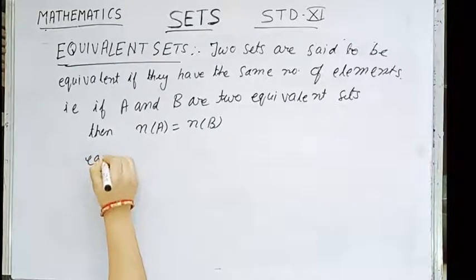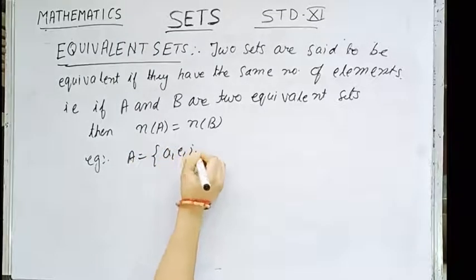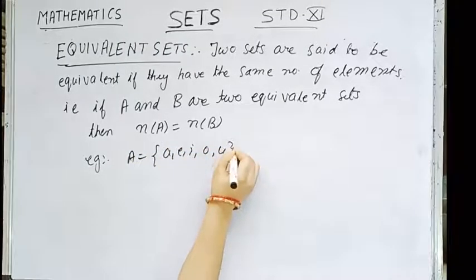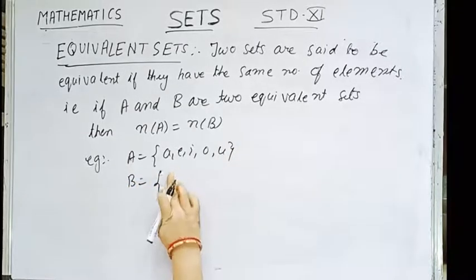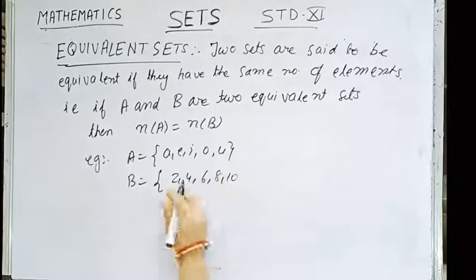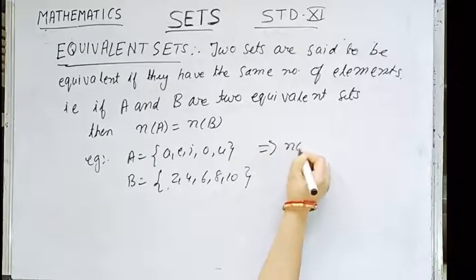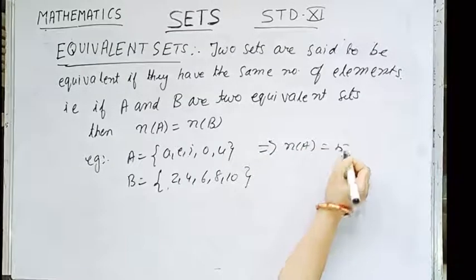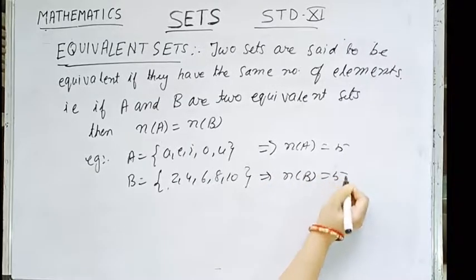We can take an example: suppose A equals {a, e, i, o, u}, and set B equals {2, 4, 6, 8, 10}. Then obviously over here n(A) will be equal to 5 and n(B) also will be equal to 5.